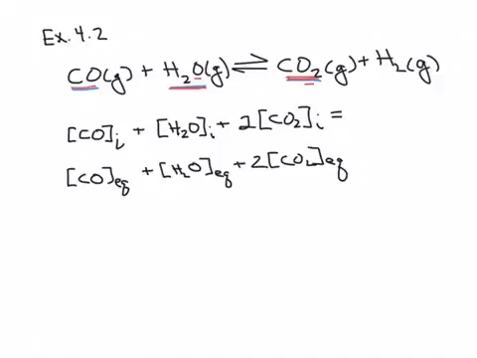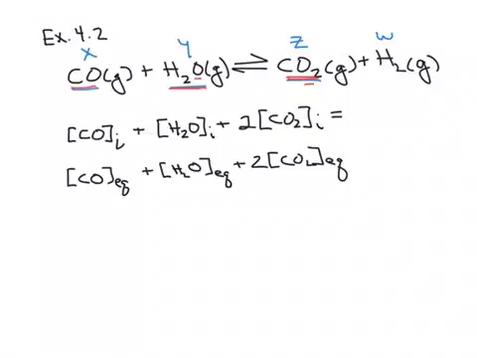All right, so then let's assign variables to everything and give carbon monoxide an X. Water can be Y, CO2 can be Z, and what in the world do we call H2? Let's call it W. That sounds good to me.